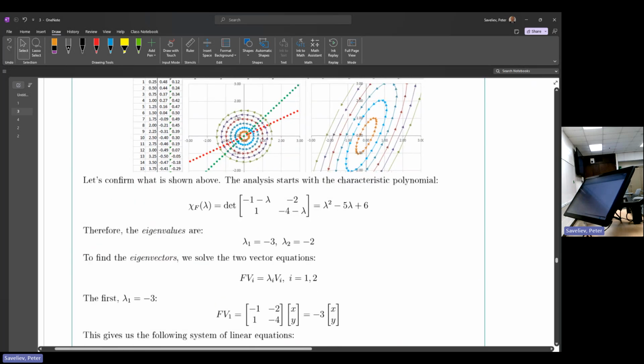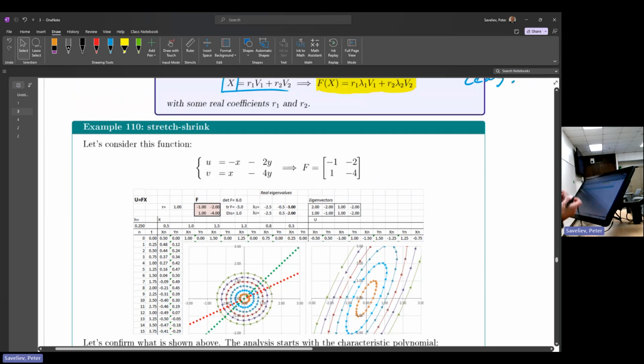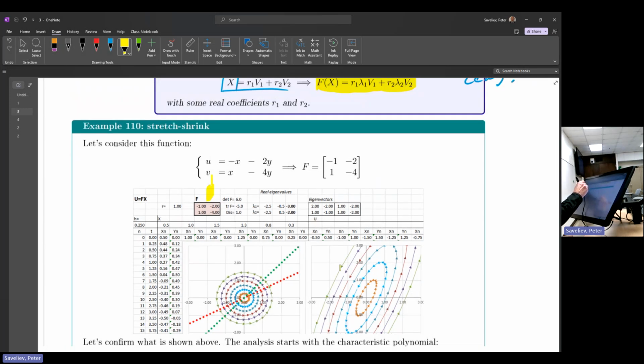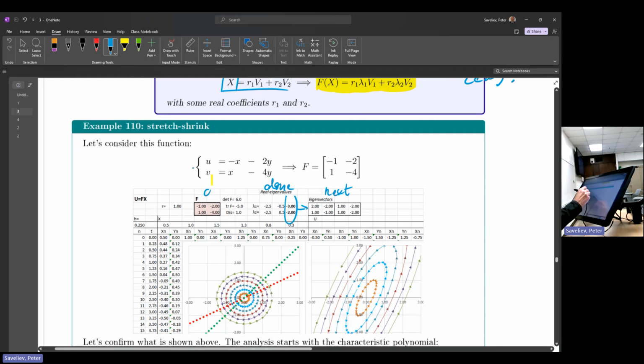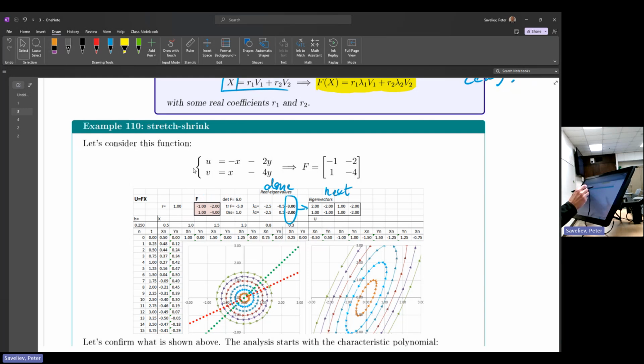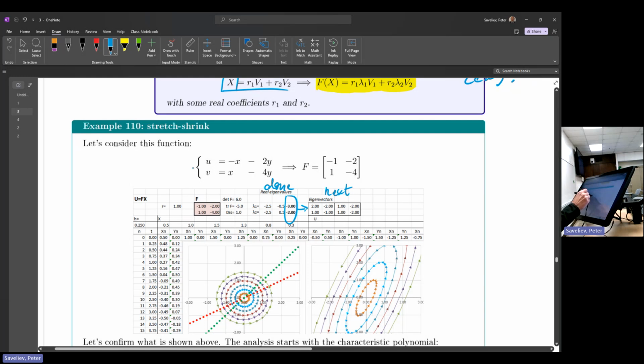We already explained this part, and now we need to explain how, from the eigenvalues -3 and -2, we tell the computer to produce the eigenvectors.